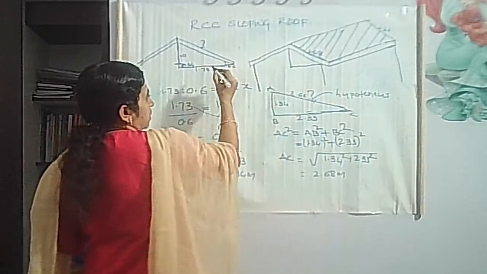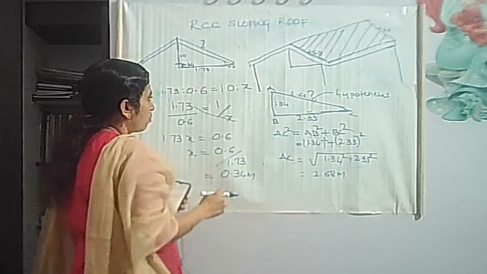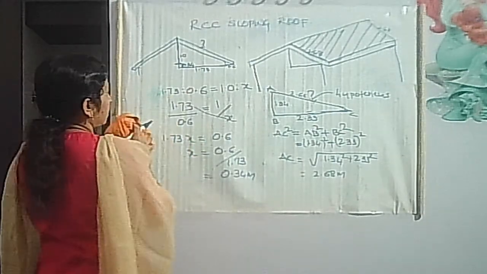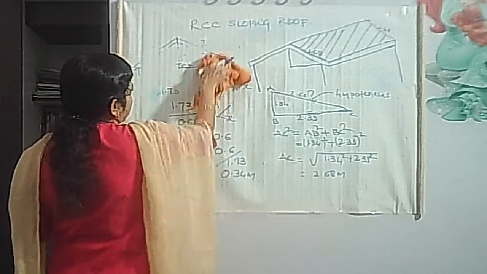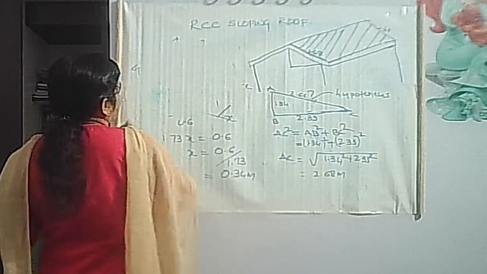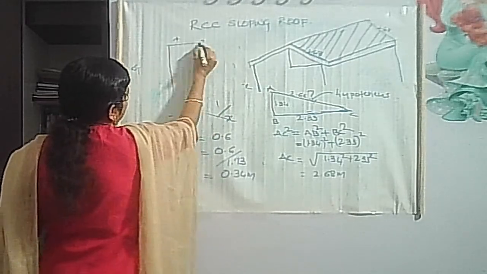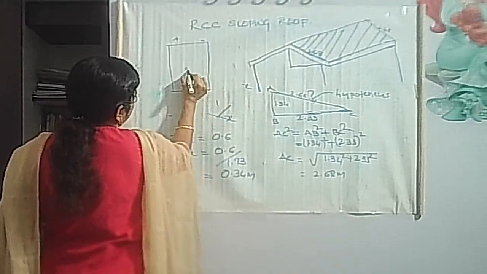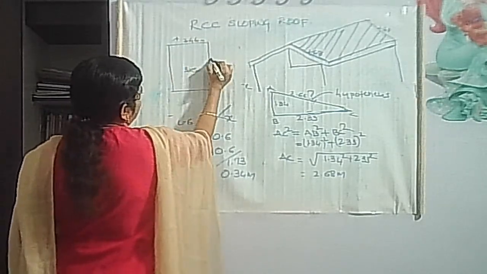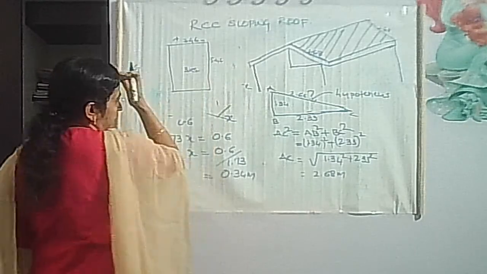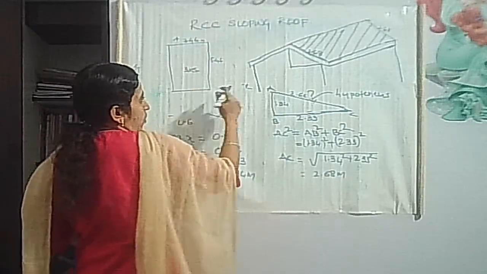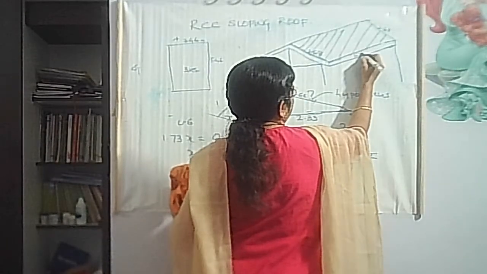The room measurement was 3 by 5. So, this distance is 3.46, this will be 5.46. Okay. So, we wanted this distance, which is 5.46 here.